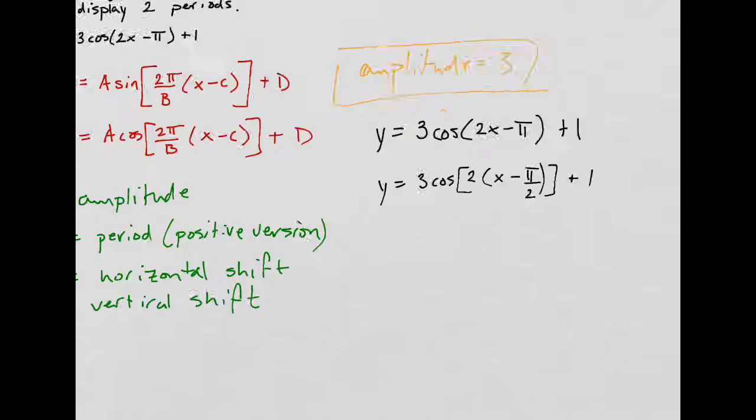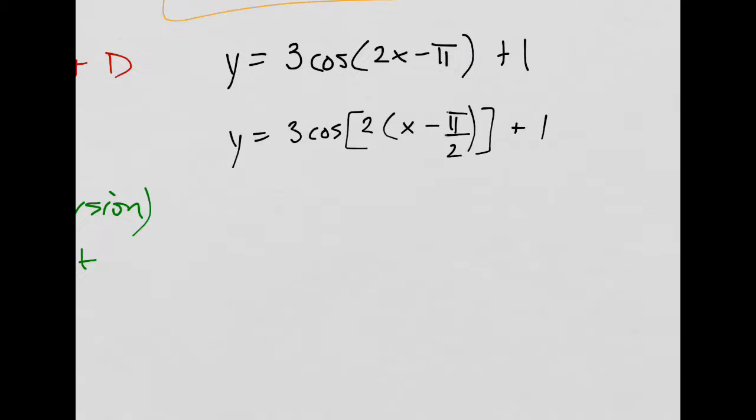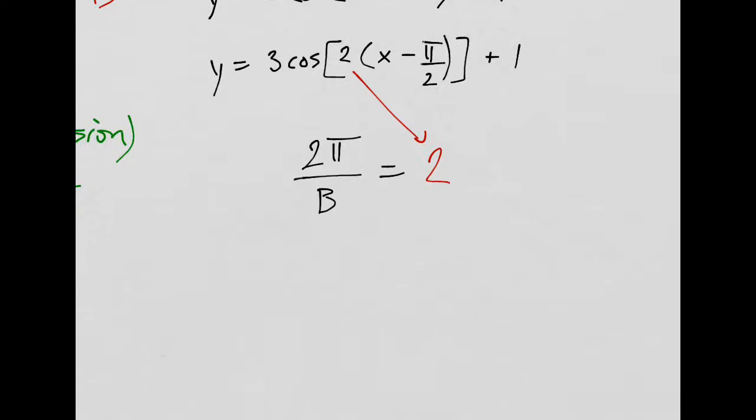So if I took this coefficient, 2 pi divided by b, and I set it equal to this coefficient, 2, then I can solve for b. If you multiply both sides by b, divide both sides by 2, you just get pi equals b.